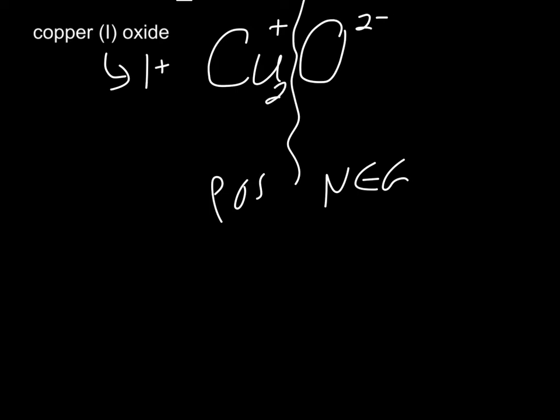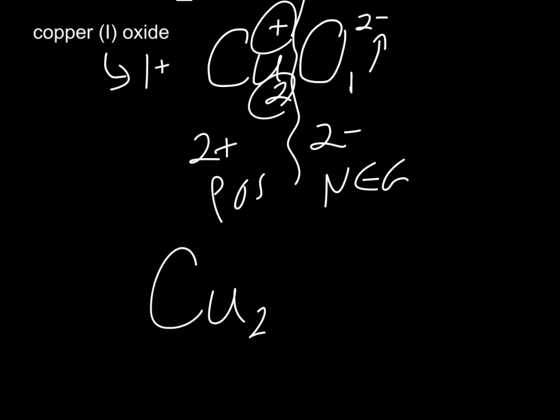So if I throw a 2 in there, that's 2 times the 1, which is a total of +2. Over here, again, we don't write the 1, but just to show that it's there, we have 1 times -2, which would be a total of -2 on the right side, the anion side. And so our overall formula would be Cu2O.